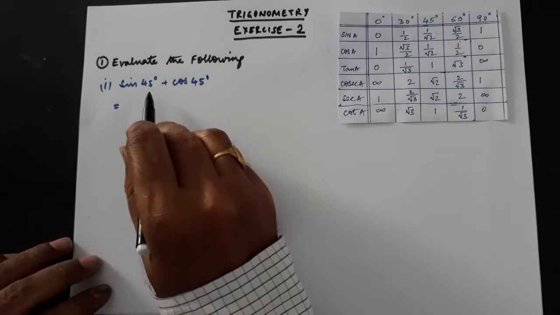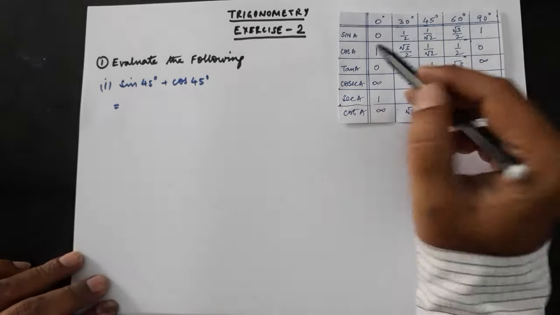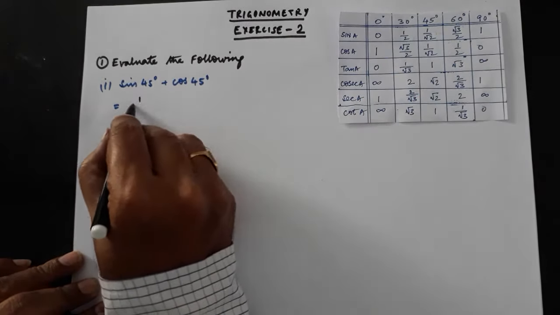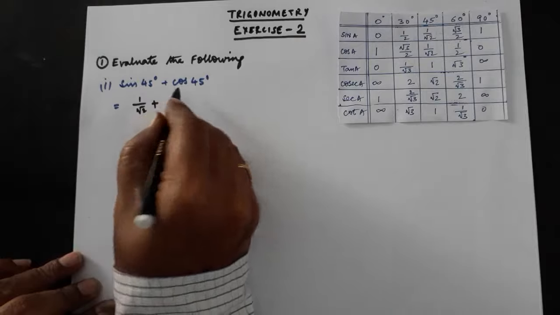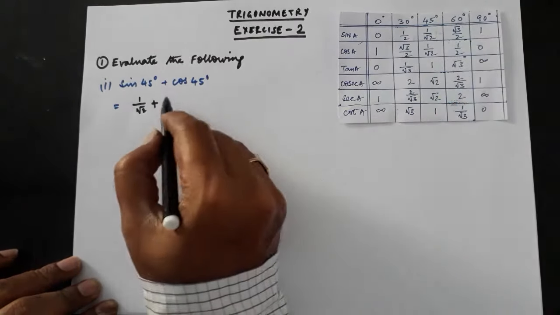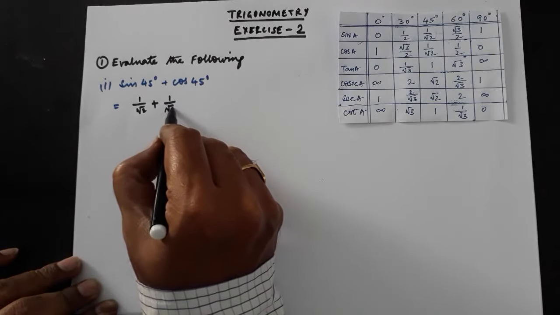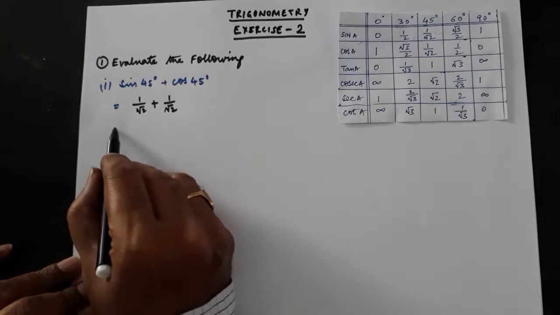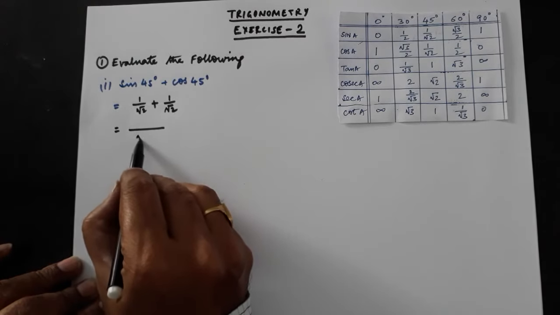First one, sine 45 degrees plus cos 45 degrees. What is sine 45? 1 by root 2. Okay, 1 by root 2 plus, what is cos 45? Cos 45 is 1 by root 2. You should know all these values by heart, but in case you don't, you can create a table and it will be easy.